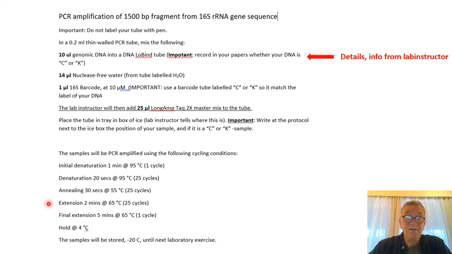And after that is finished, you start over again, and it goes 25 rounds of PCR. And when it is finished, it will cool down to 4 degrees, and the samples can be stored in the freezer until next week. And that is the exercise for day 1.